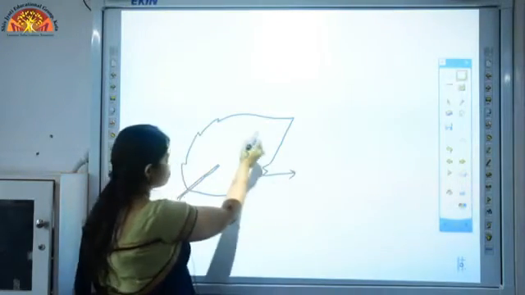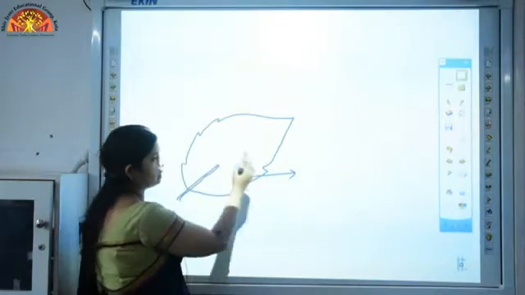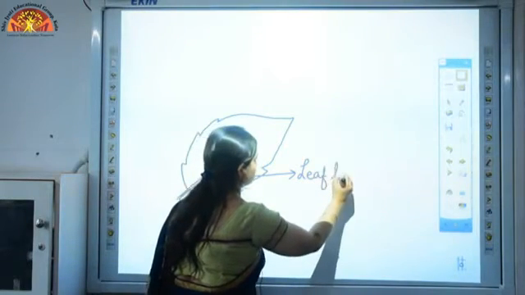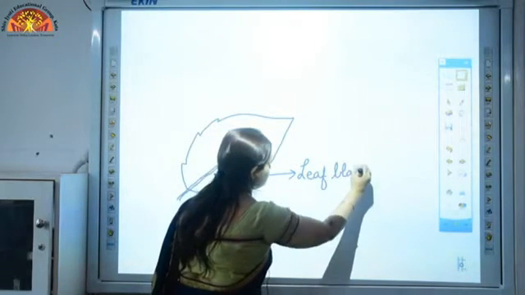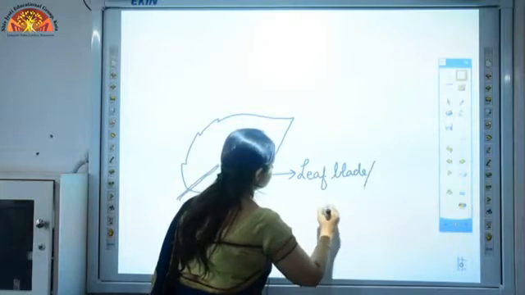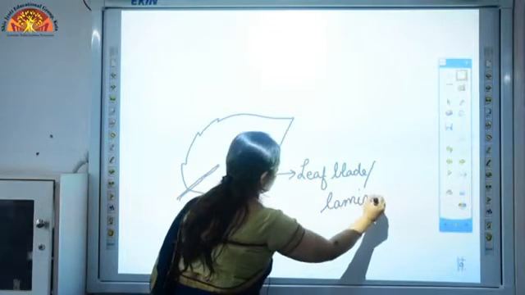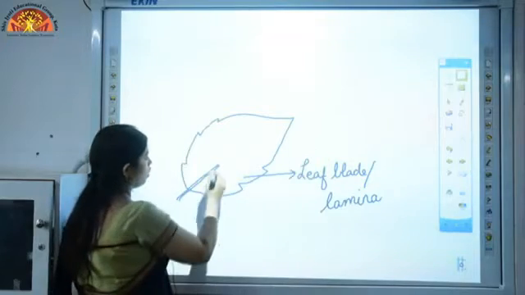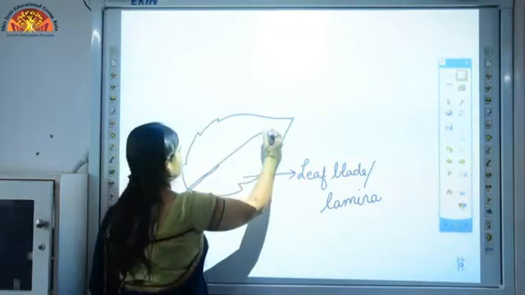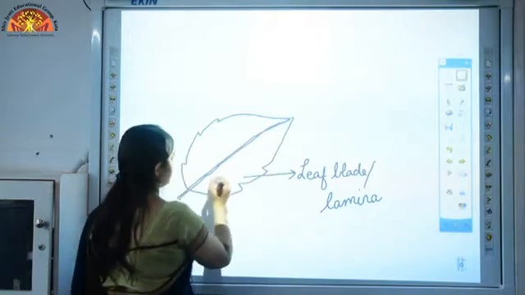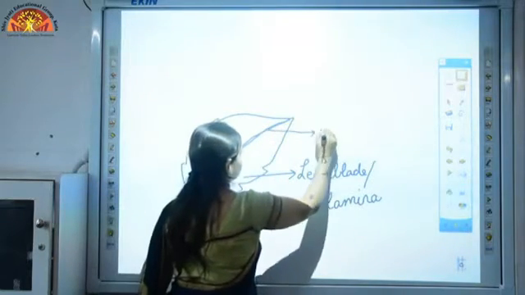The flat broad part of the leaf is called the leaf blade, and another name of the leaf blade is lamina. It is also called the leaf lamina or leaf blade. Now there is a thin tube which is running through the center of the leaf. This thin tube is called the main vein.